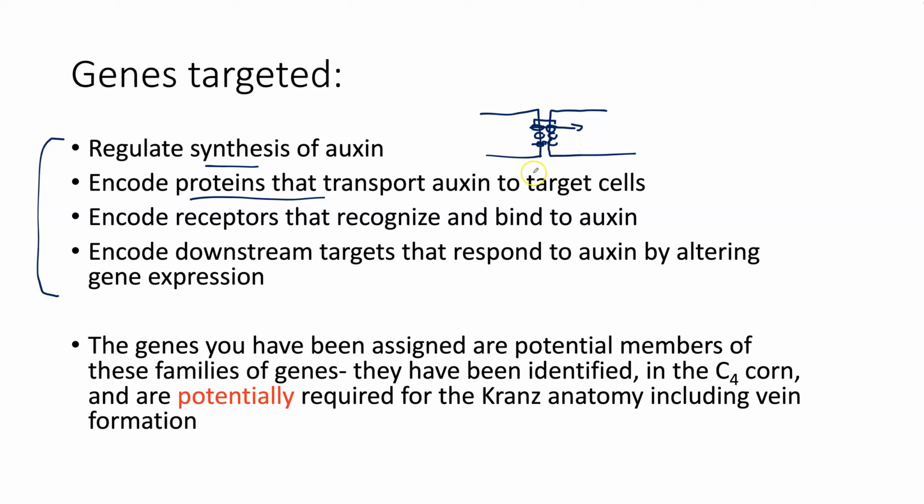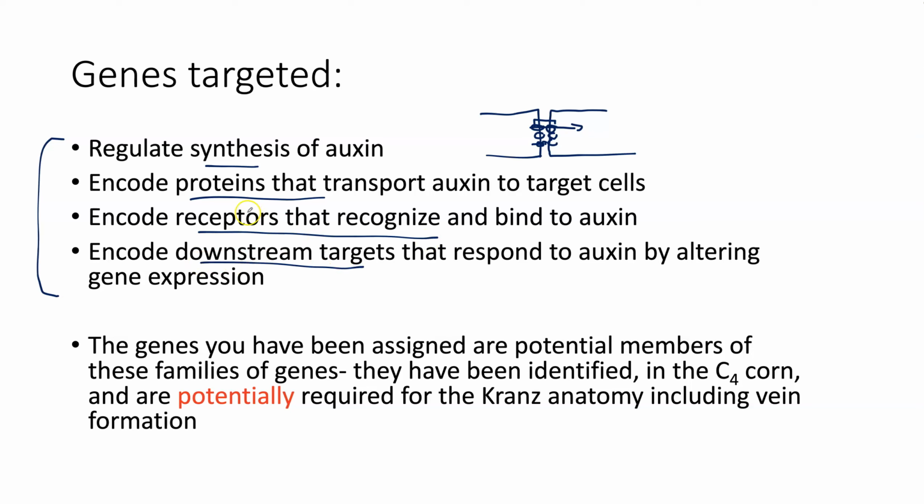And if you want to change the direction of transport, you then have to move the transporters to a different part of the cell to send the auxin in a different direction. There's quite a number of these, and they're pretty well known in how they affect the transport of auxin, but they haven't necessarily been examined in detail for specifically their effect on veins and so on. Then there are receptors that recognize and bind to auxin, and then downstream targets.